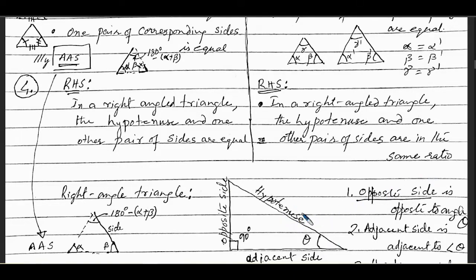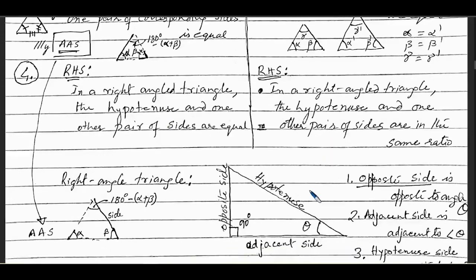If this hypotenuse and the side are in same ratio, then they are similar. For congruent, they have to be same. For triangle 1 and triangle 2, one of the sides, the base or the opposite side, should be exactly same as the other one, and the hypotenuse also has to be same, then they are congruent. And if they are in same ratio, then they are similar triangles.